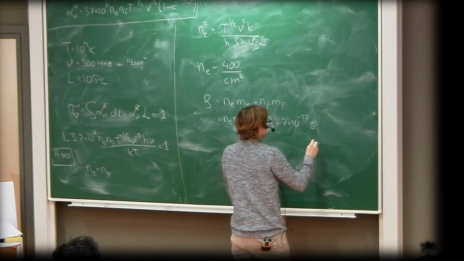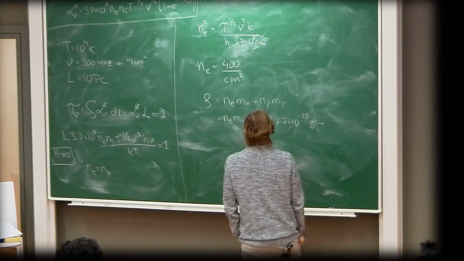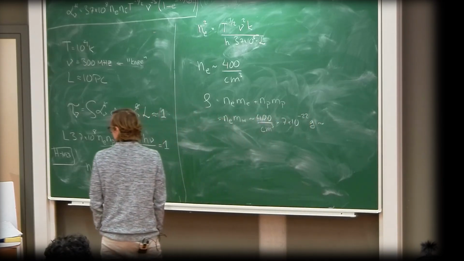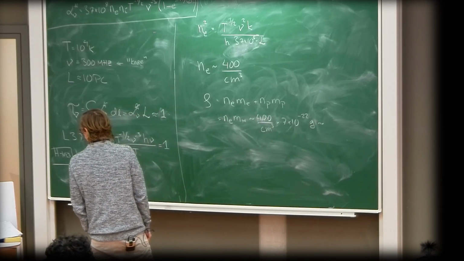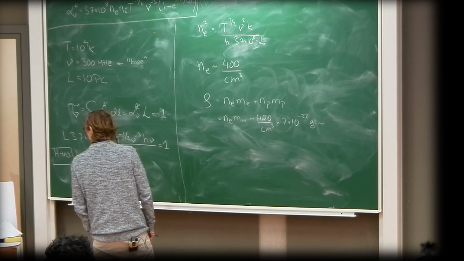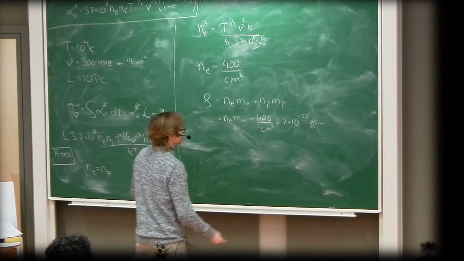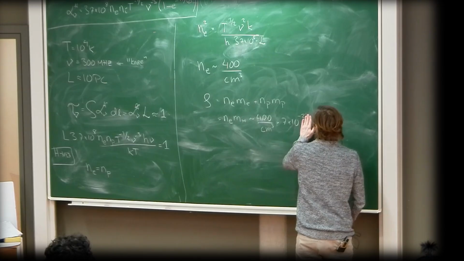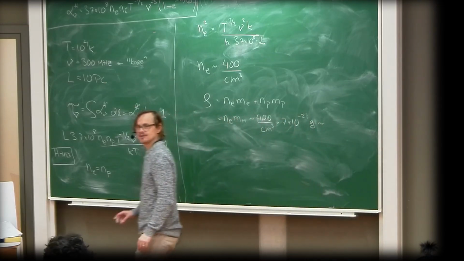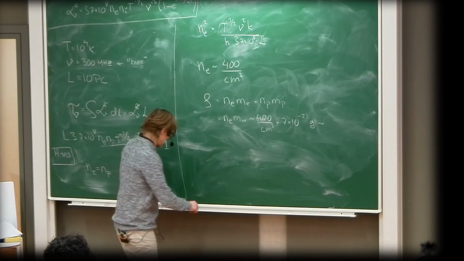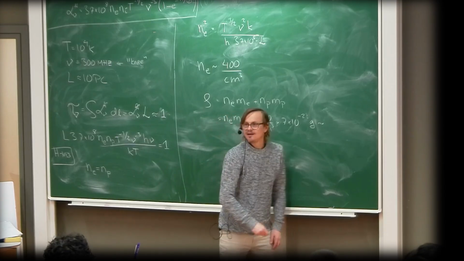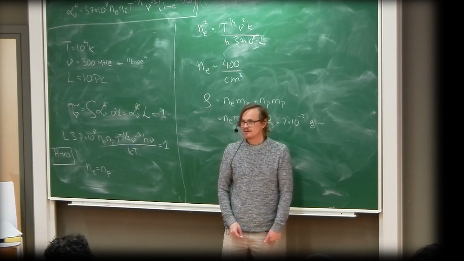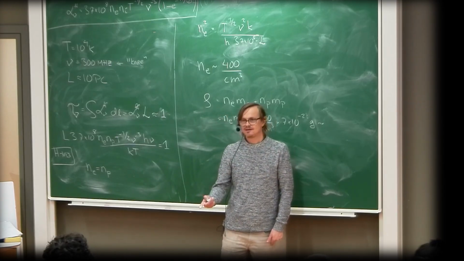Can somebody look up the mass of the hydrogen atom for me, or do I have to? Does somebody have the course notes with them? It's 24, right? No, 27.